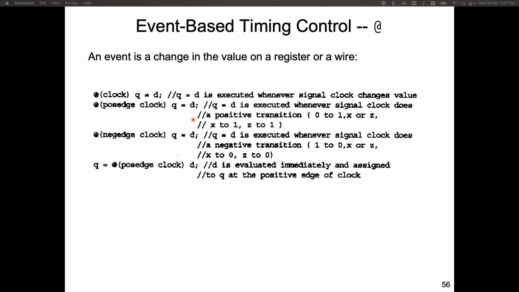So this event-based control can be put within a statement.